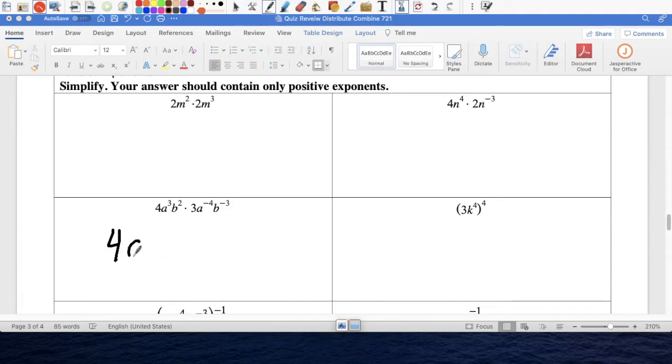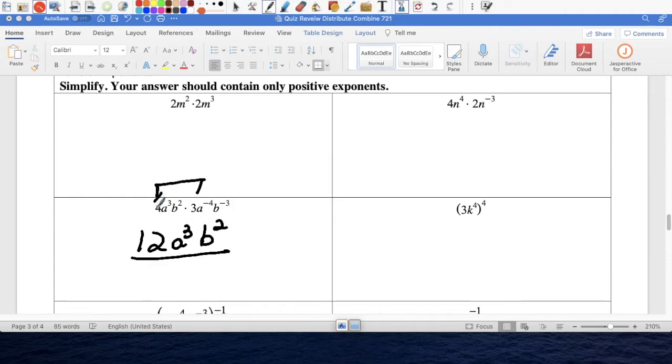4, a to the 3rd, b to the 2nd. Sorry, let me start again. 4 times 3, the coefficients, that's nice and easy. It's just 12. a to the 3rd stays, b to the 2nd stays, right?